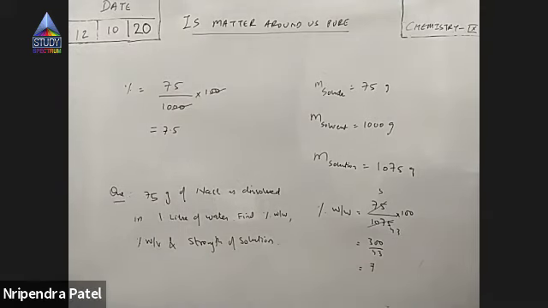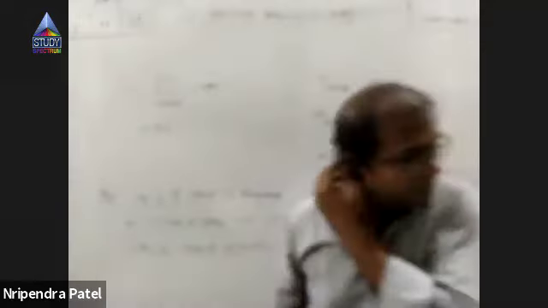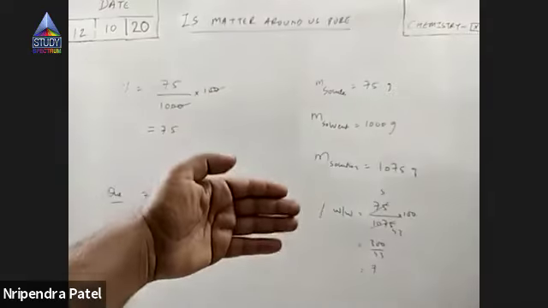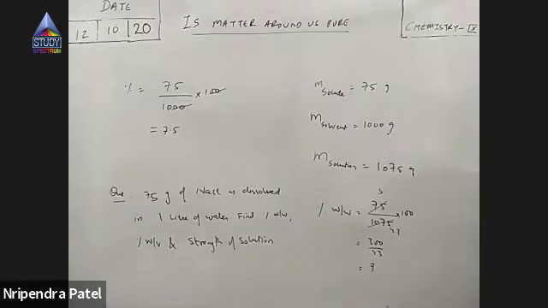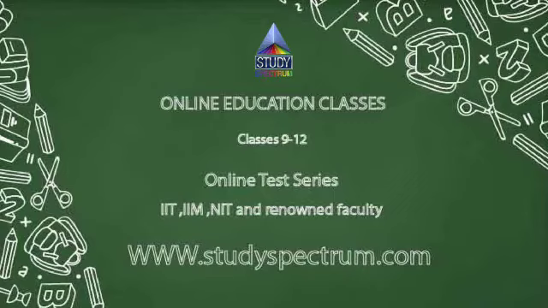So percent W by V of the solution is 7.5. This says 7.5 gram of salt is present in 100 milliliter of solution. Is it clear? Yes, sir, got it.